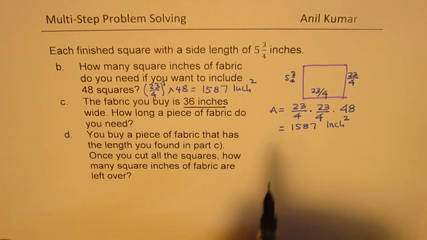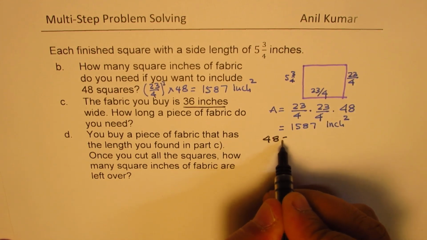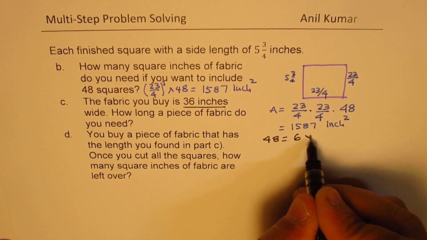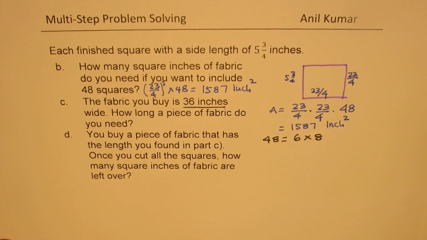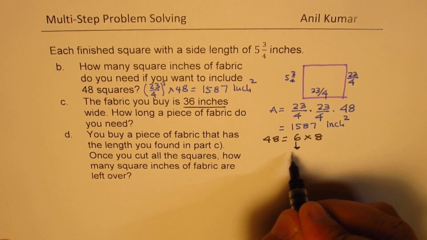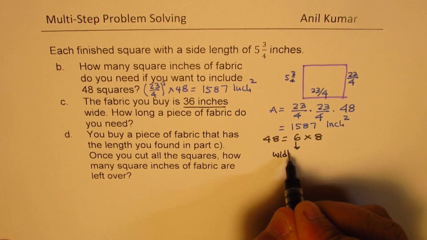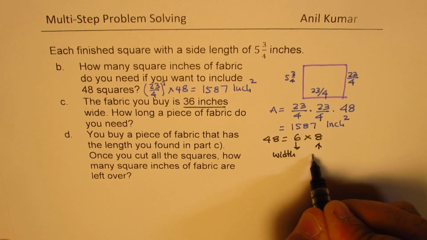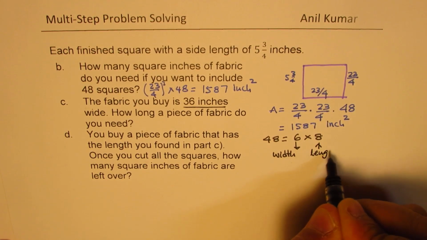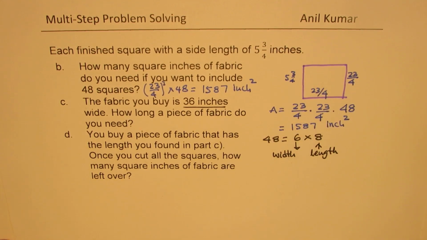So 48 is equal to 6 times 8. So 6 will be along the width and 8 will be along the length. It makes 48 pieces.